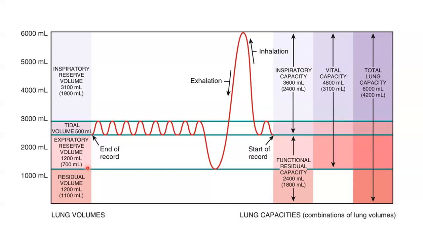Now, even after you have breathed out everything that you think you could possibly get out of your lungs, there is still a considerable volume of air that remains in your lungs. And this is to keep our alveoli partially inflated, as well as the air that will just stay within those non-collapsible airways. This is called our residual volume and is about 1,200 millilitres in males and 1,100 millilitres in females.